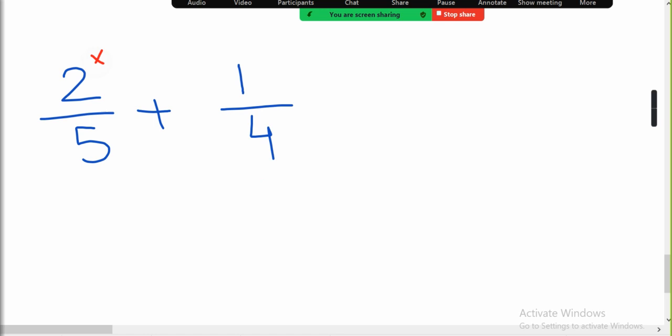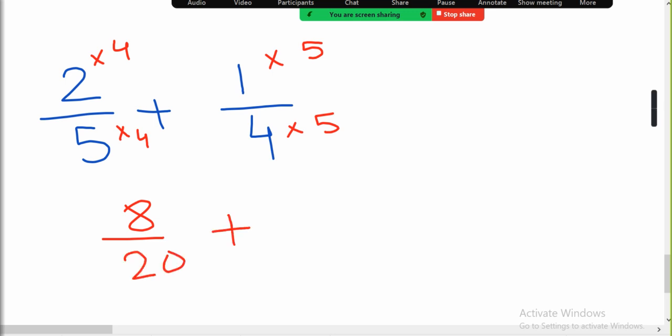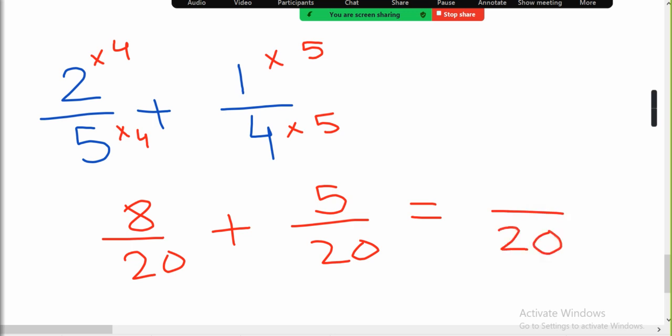Okay, how will I do it? Multiplied by 4, multiplied by 4, multiplied by 5 and multiplied by 5. Okay, it is 4 times 2 is 8, 4 times 5 is 20, plus 5 and 20. Now we have the same denominator, and when we have the same denominator, we can add them directly. 20, the denominator remains the same, and 8 plus 5 is 13.